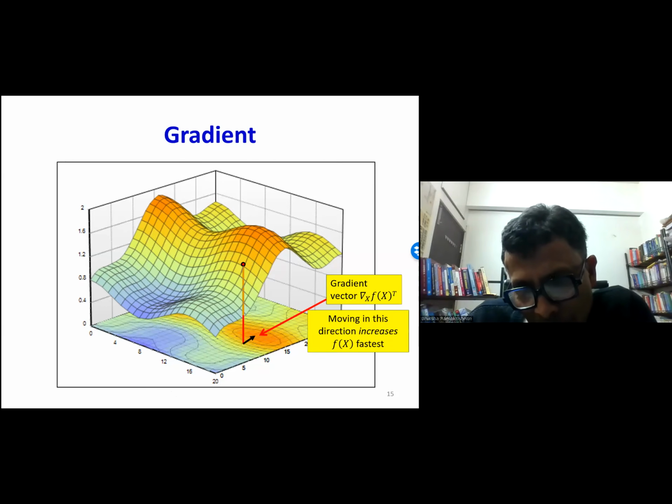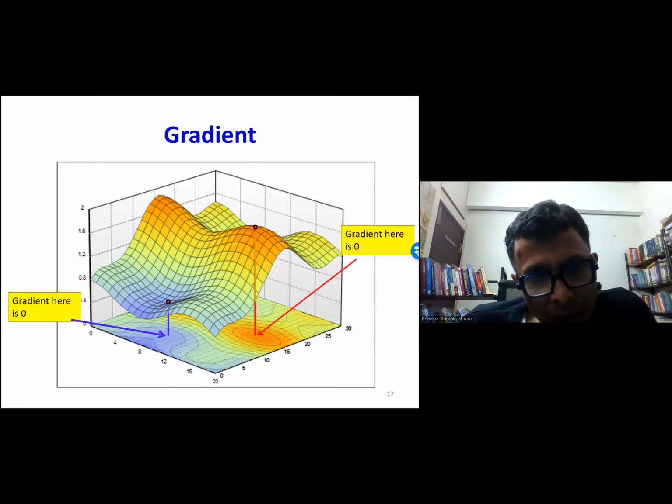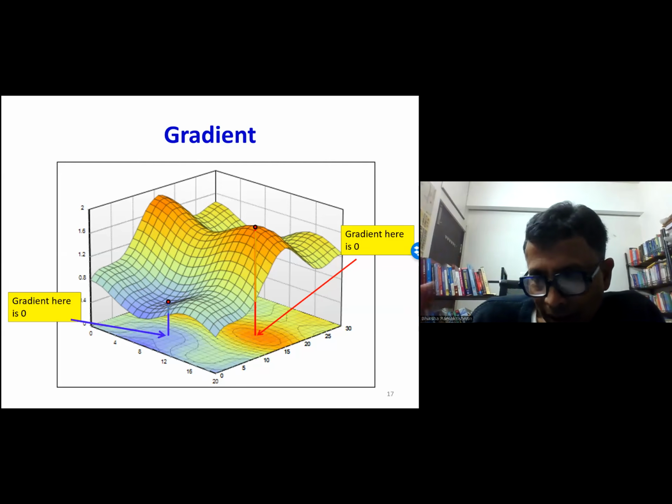If you move in that direction, the function increases fastest. And if you move exactly opposite to it, the negative of the gradient, that's when the function decreases fastest. And we also have these other locations where the function is flat, and in those places, the gradient is going to be 0. That makes sense?